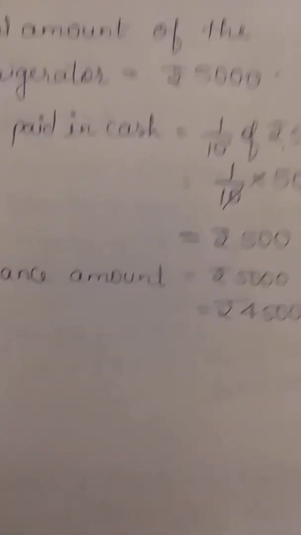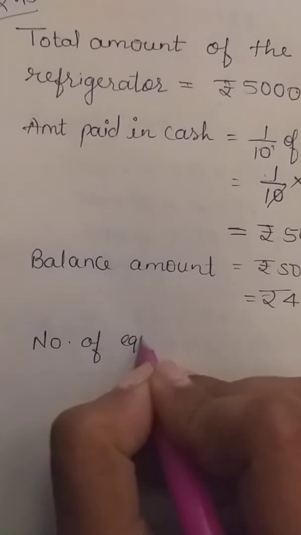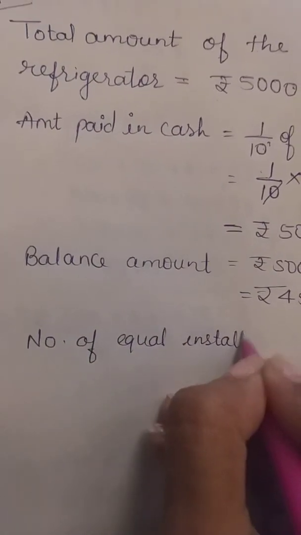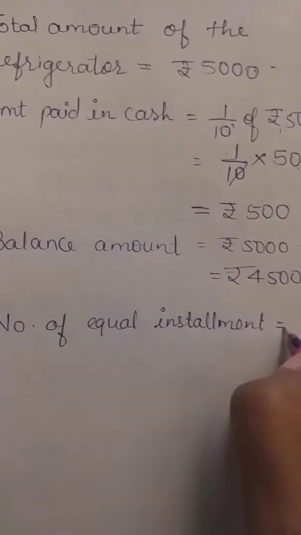So how much does he have to pay each month? Now see here, I'll be writing: number of equal installments is equal to 12.